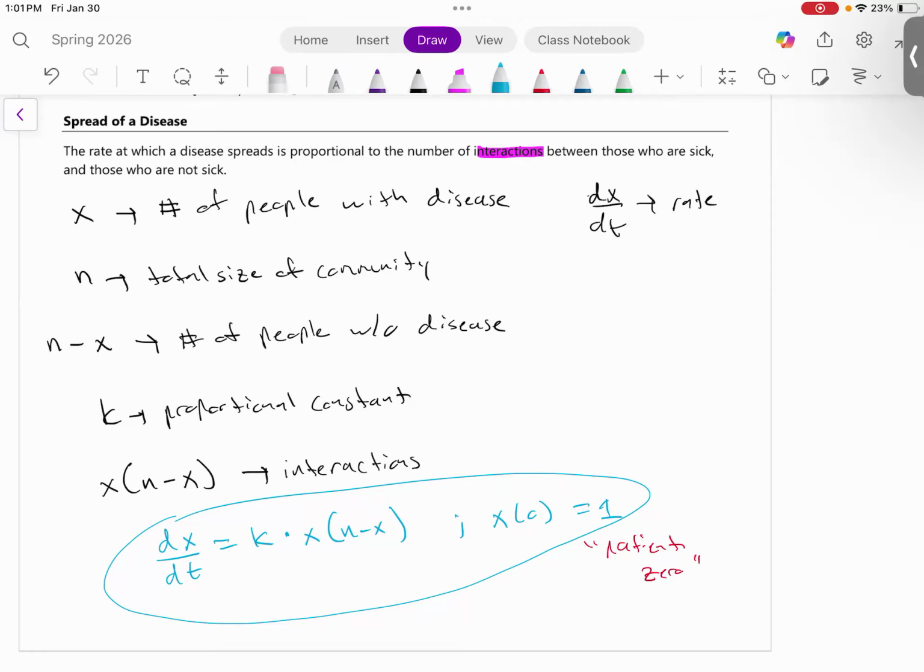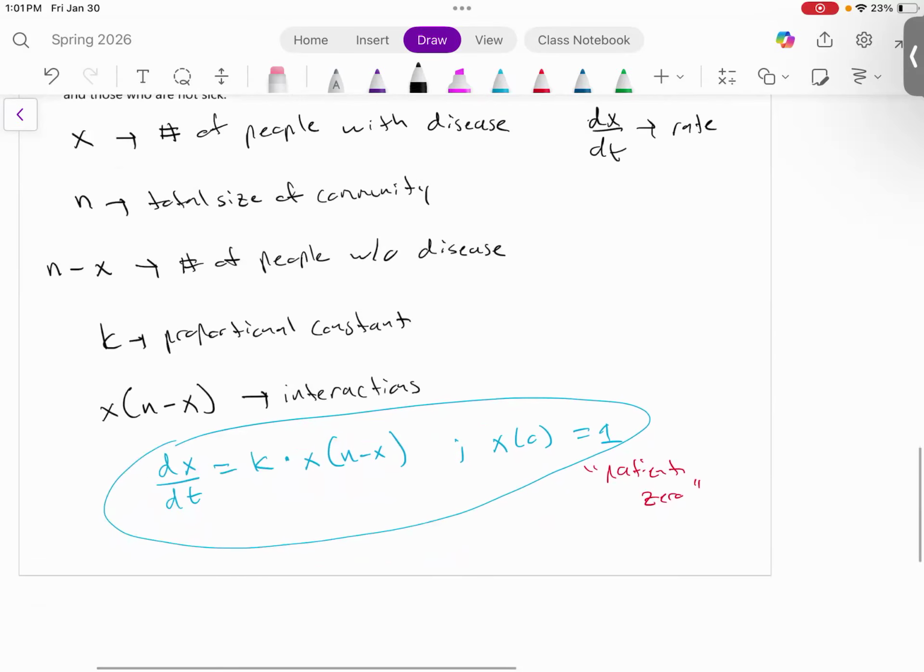We're going to look at this in more detail in chapter 3. Here is just a brief introduction to creating a differential equation. In chapter 3, we're actually going to apply these more.